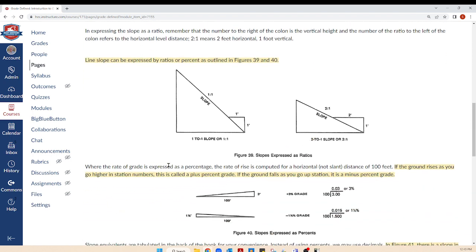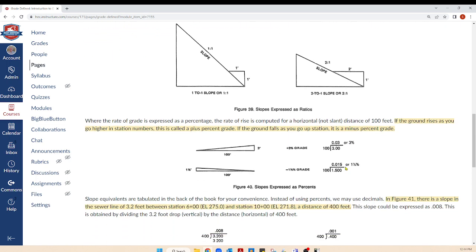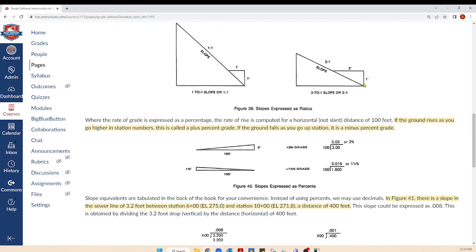Where the rate of grade is expressed as a percentage. Now this is ratio. Don't forget, this is ratio. When it's expressed as a percentage, the rate of rise is computed for a horizontal, not slanted distance. It's not even using this distance for a slope.